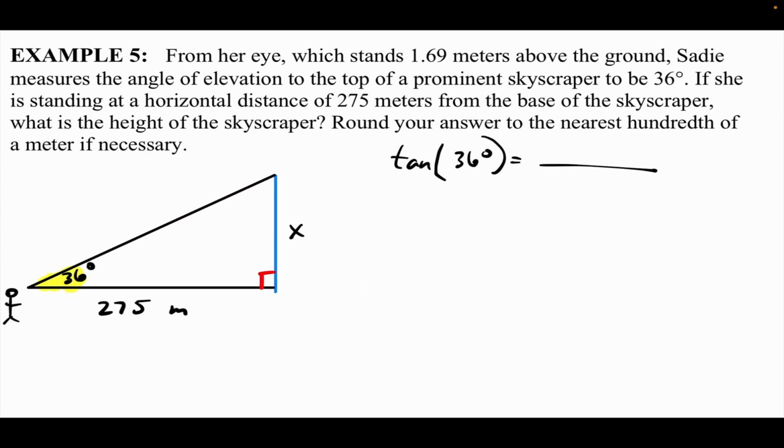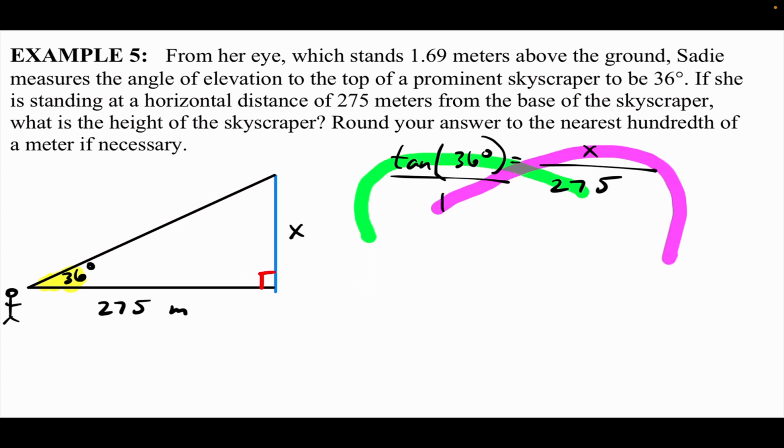So tangent is x over 275. Opposite over adjacent. Turn it into a fraction, and it's the same thing we've been doing. Once you get to this point, you do the same thing you've been doing for the last couple problems.